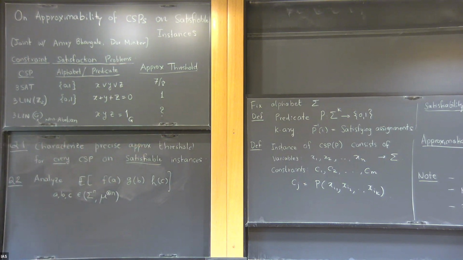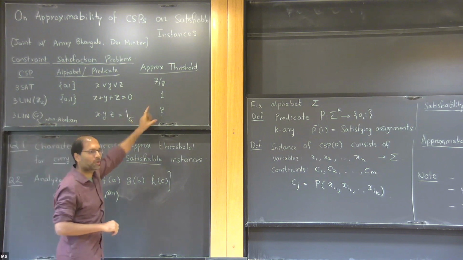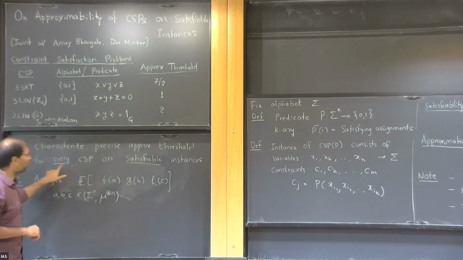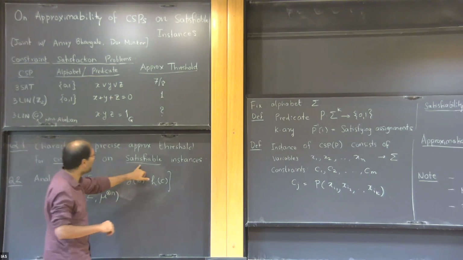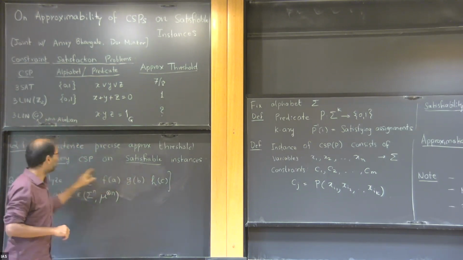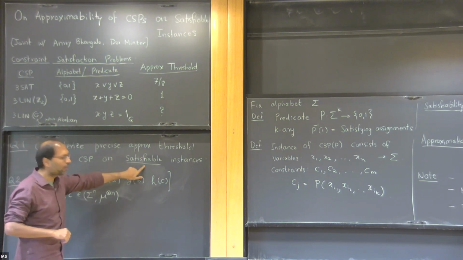This leads to the following 2 questions, which are the focus of this talk. How about characterizing this precise approximation threshold for every CSP, not just for specific examples like this, and on satisfiable instances? So I stress the 2 words: every, and on satisfiable instances.